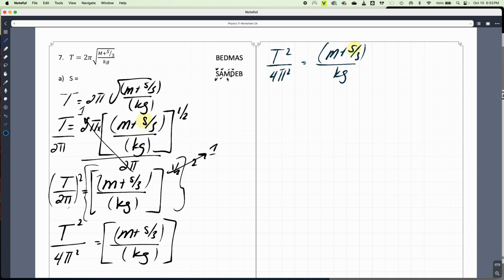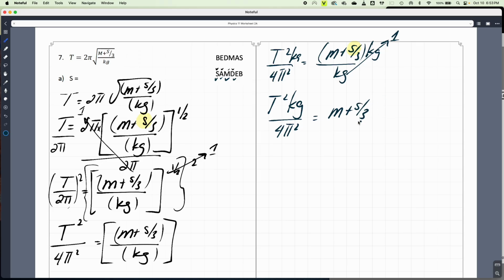Is there any multiplication or division happening to s outside of this bracket? And yes, I see it's being divided by kg, so I'm going to multiply both sides by kg. Kg divided by kg is 1, and we're going to multiply that by kg. So now I have t squared kg over 4 pi squared equaling m plus s over 3.